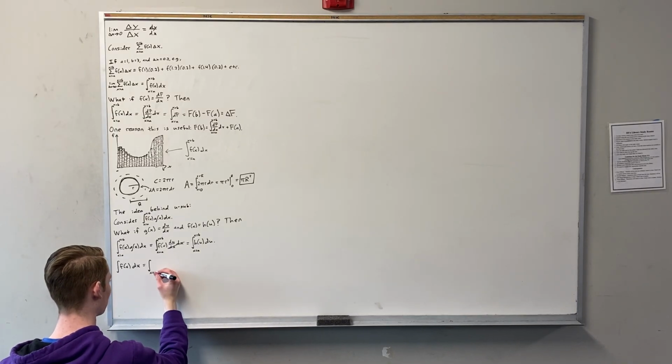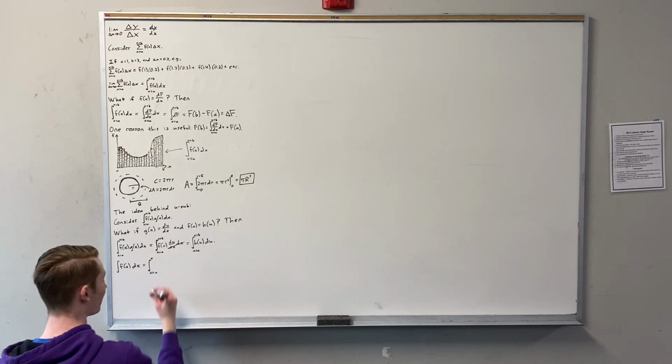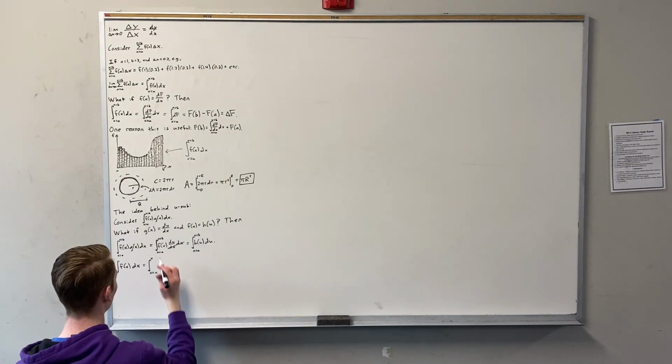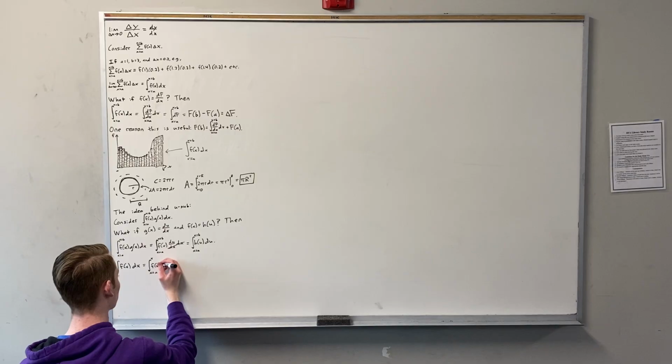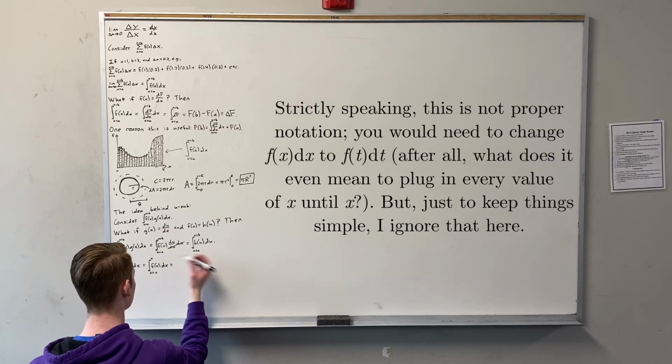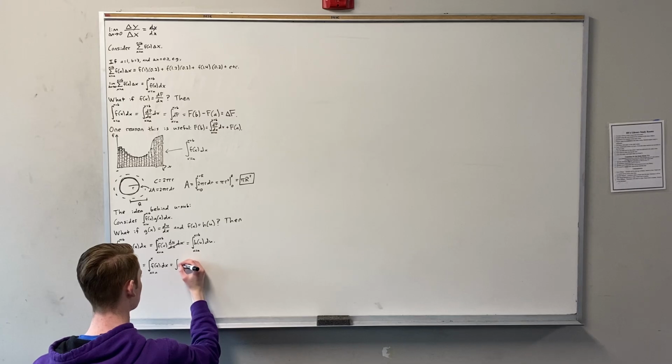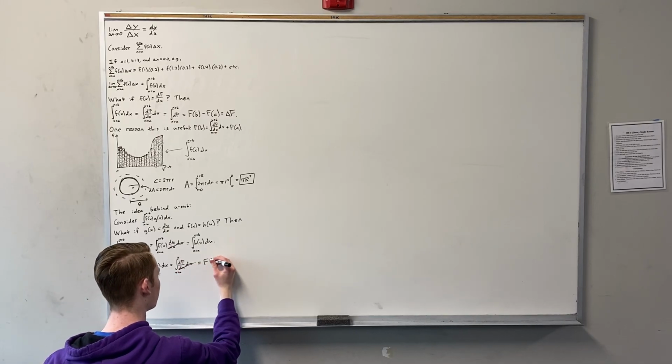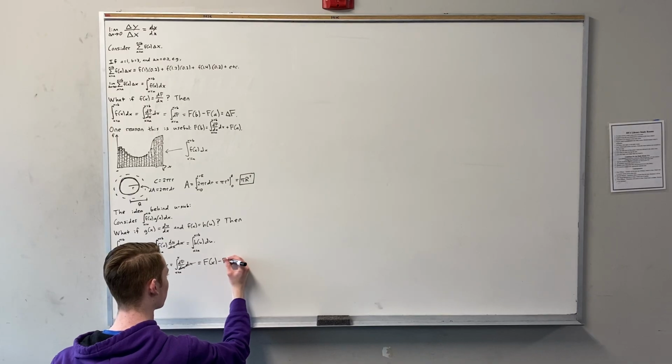I'm just going to say x equals a, but then I just end at x, just a generic x. And then I'm integrating f of x with respect to x. So then let's say the antiderivative of f is capital F. Then I'm just summing up all these changes in f, starting at a and ending at x. So then I get capital F of x minus capital F of a.